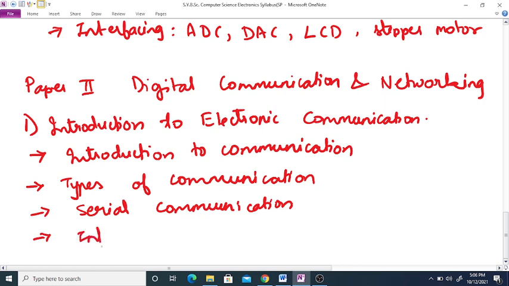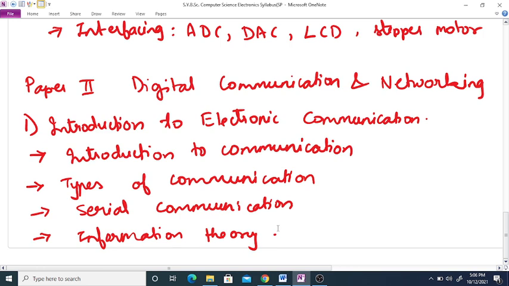information theory. In this information theory we are going to see rate of information, that is data rate, baud rate, channel capacity, then Nyquist theorem, signal to noise ratio, noise figure and Shannon's theorem.